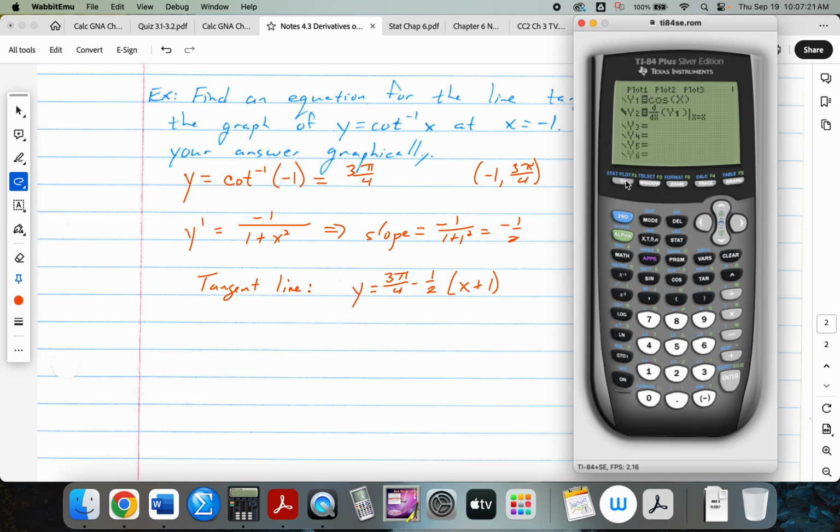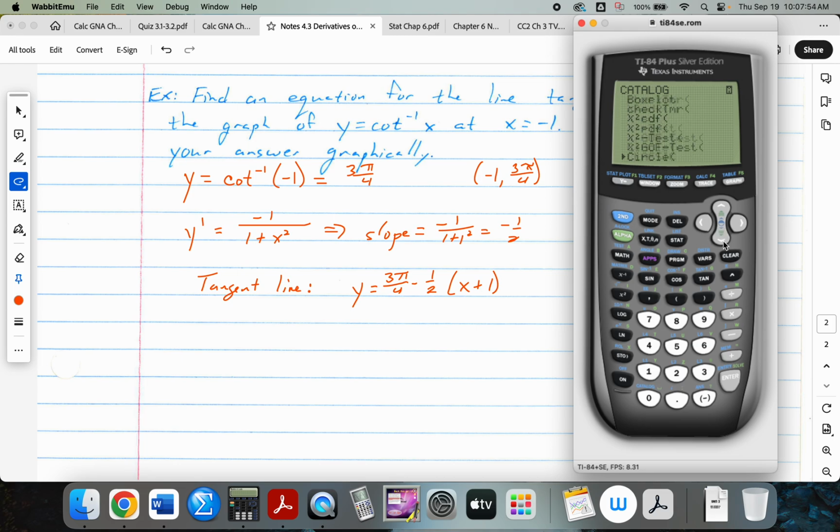So I'm going to go to y equals, and I'm going to clear all this stuff out. I guess I'll look, well, it's not in the math menu. Let's look in the catalog.